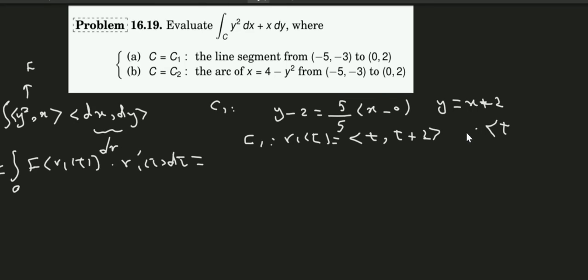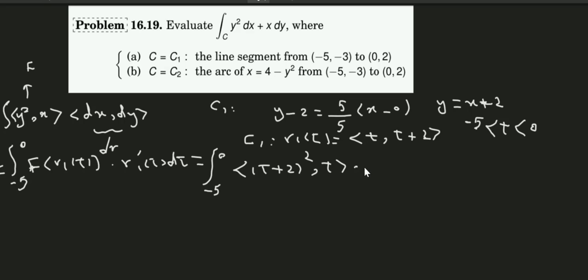I'm sorry, here we have minus 5 and 0. F is y squared and x, so instead of y I can write t plus 2, so (t plus 2) squared, and x is t. Multiplied by r prime, the derivative of r1 is 1 and 1 dt.